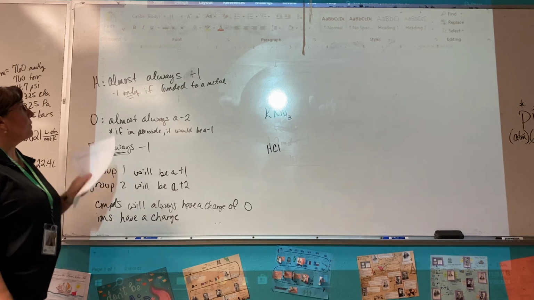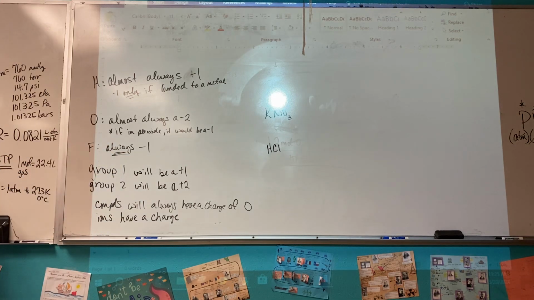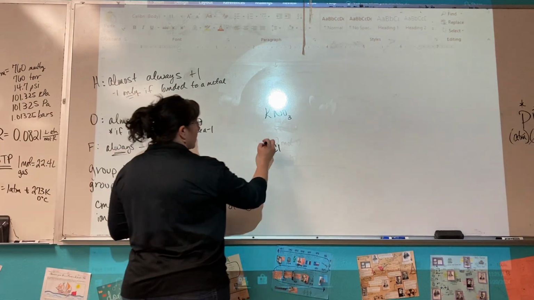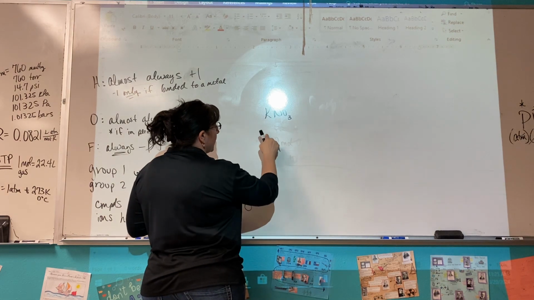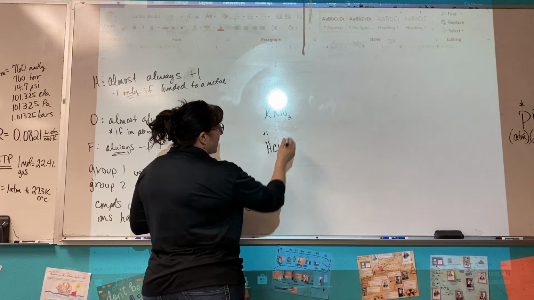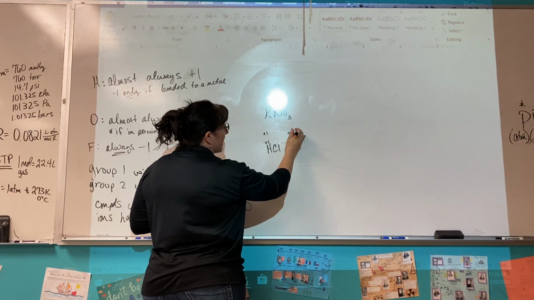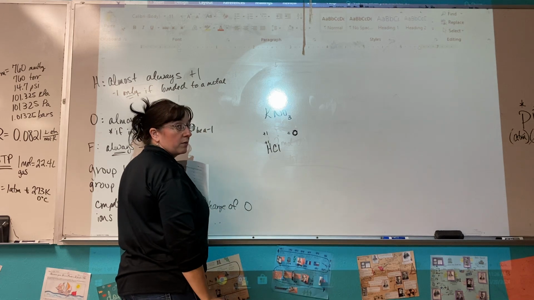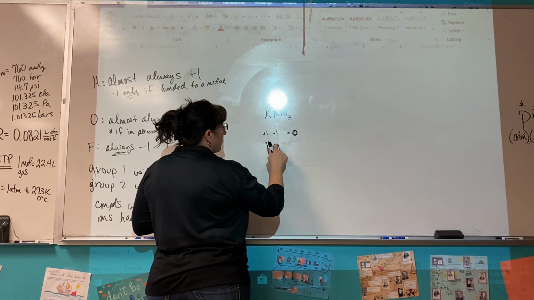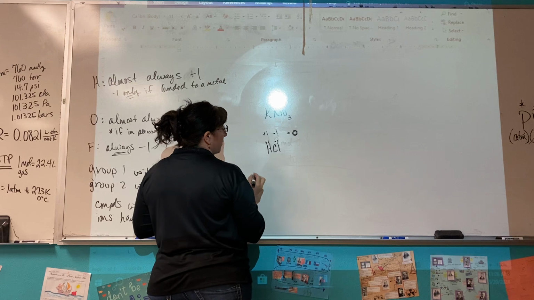Okay, so I told y'all hydrogens are always going to have a +1 charge. How many of them do you have? 1. So altogether, I have a +1 charge. Now, this is a compound, so altogether it has to be equal to 0. So what with +1 will give me 0? -1. There's only one chlorine, so this has a -1 charge.